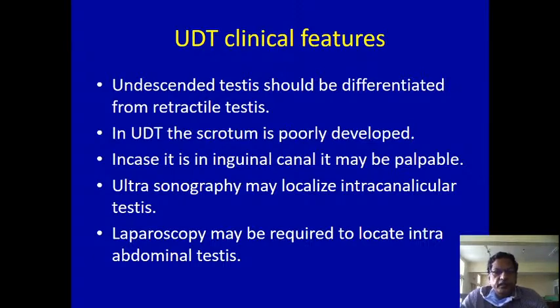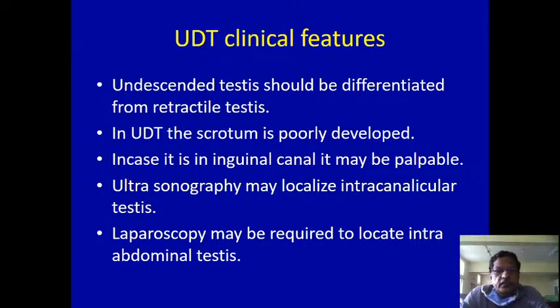Because of the exaggerated cremasteric reflex that's present in some boys during childhood, whenever there is straining or lifting some weight or something, the cremaster contracts and the testis is pulled up from the scrotum into the inguinal canal, and may disappear.